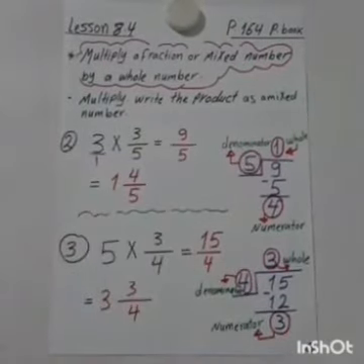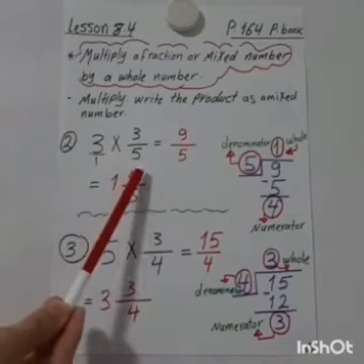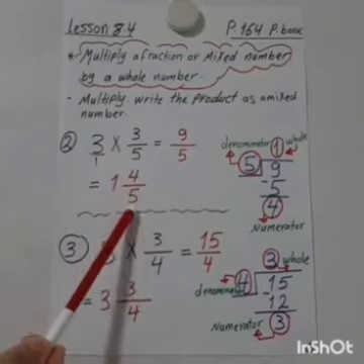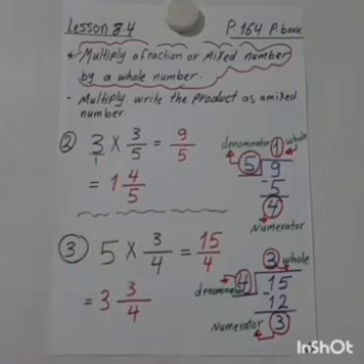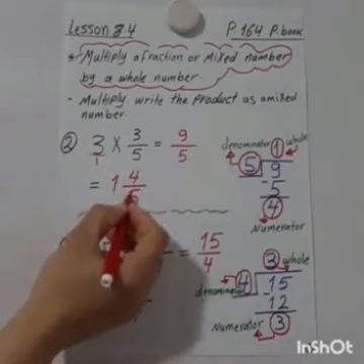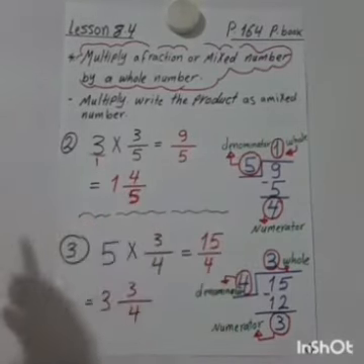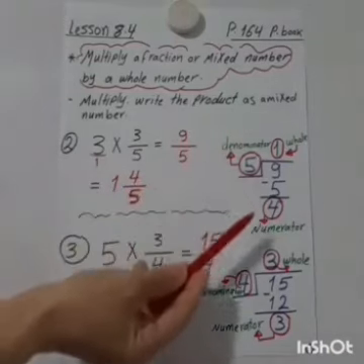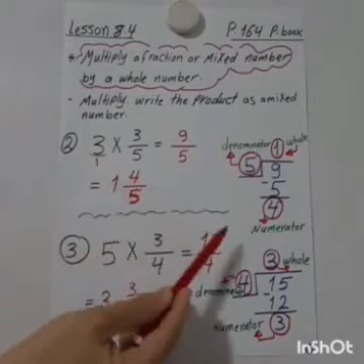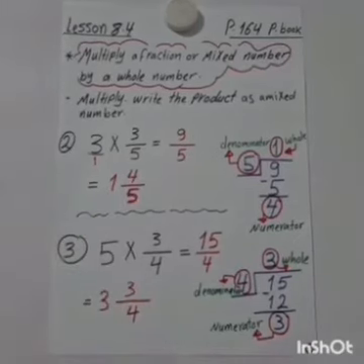So now the whole number is 1, numerator 4, denominator 5. All the time remember the denominator will not change. So put 5 as it is: whole number up, numerator down.